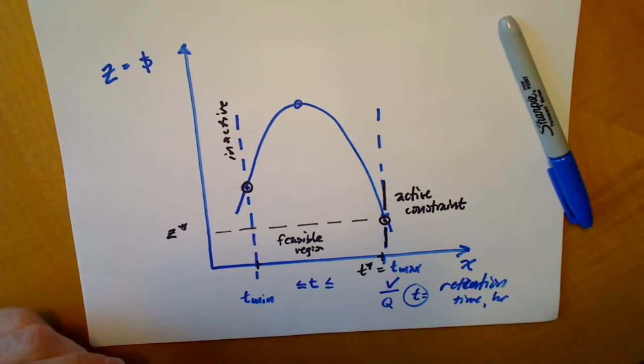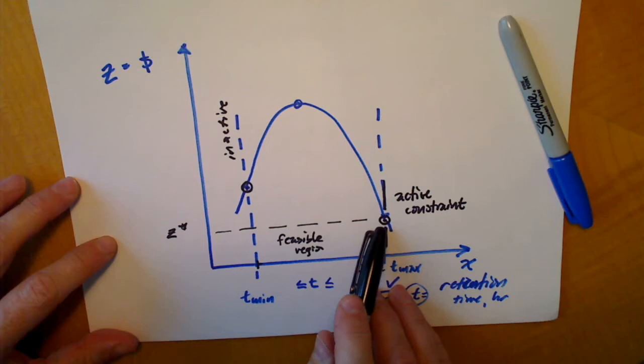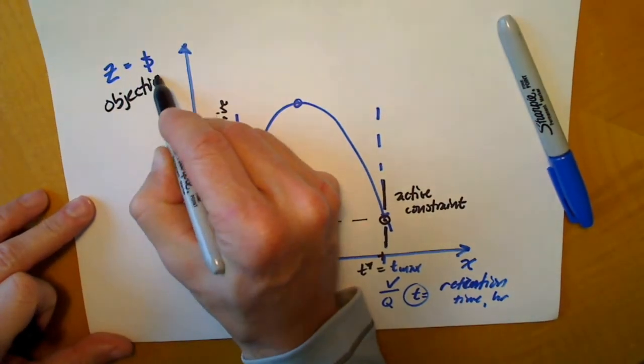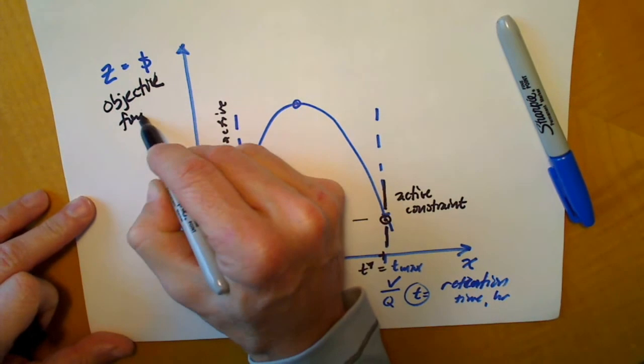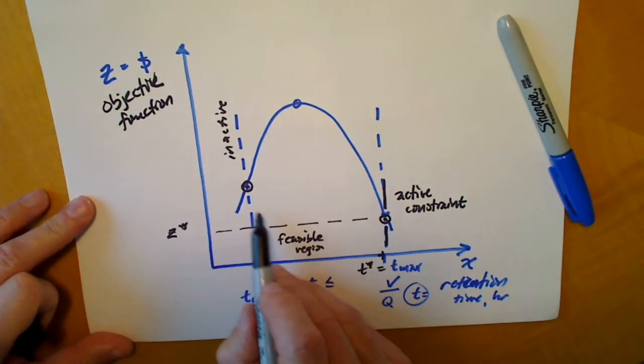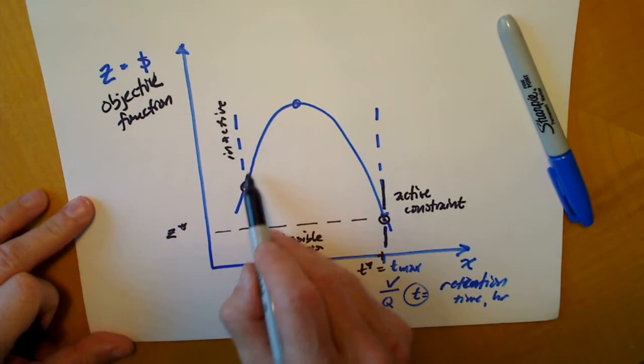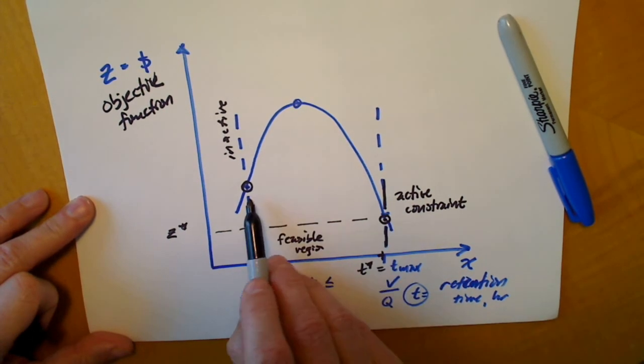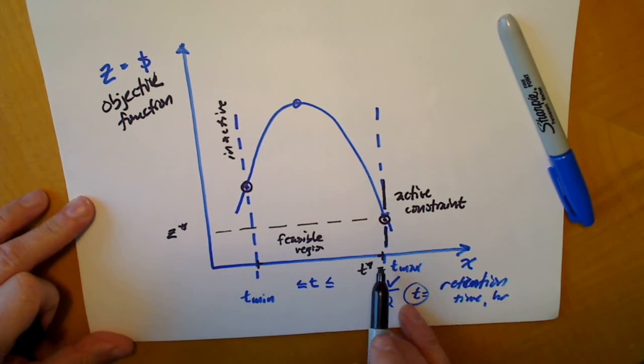So now we have a rudimentary nonlinear example that helps us understand the meaning of the objective function. In this case, the objective function is that mathematical representation that shows whether we prefer one or another combination of design variables.